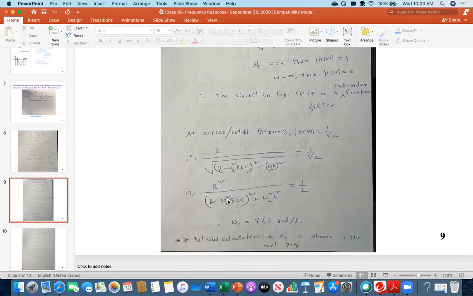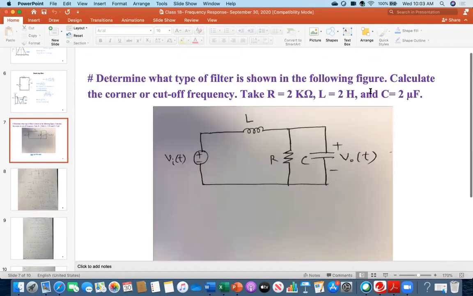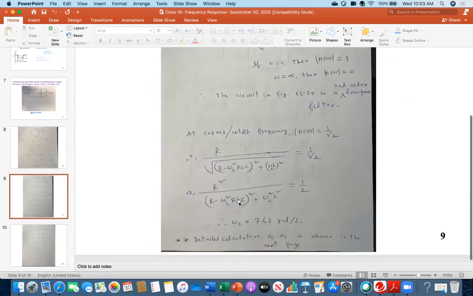Although the values of R, L and C were given, you have to find ωc, and it is getting ωc to the fourth power and ωc squared, a kind of quadratic equation. So easily you will not get this one. You have to look at the detailed calculation.